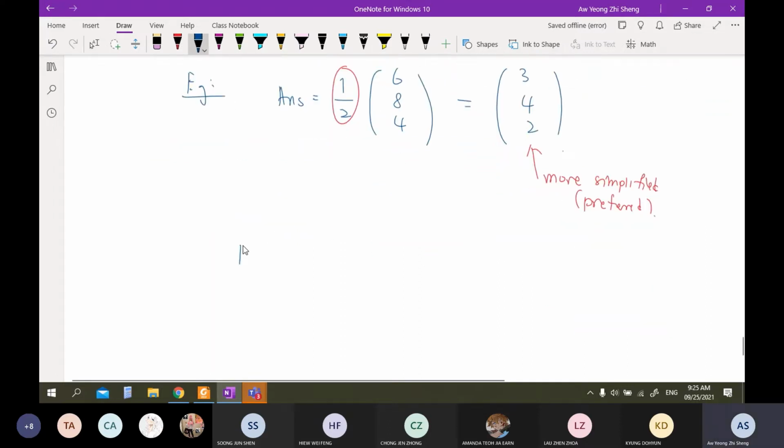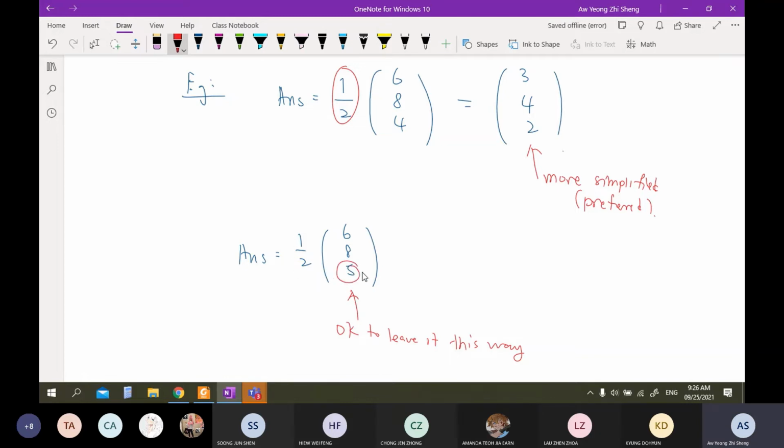However, if your answer is something like half times (6, 8, 5), then it's actually okay to leave it this way, because not all three numbers can become simplified after you distribute the half, particularly this number 5 here.